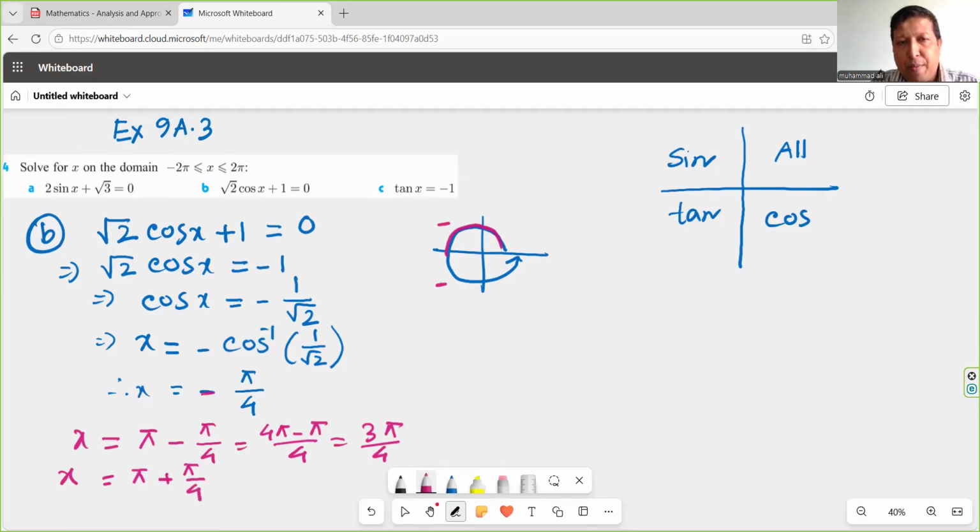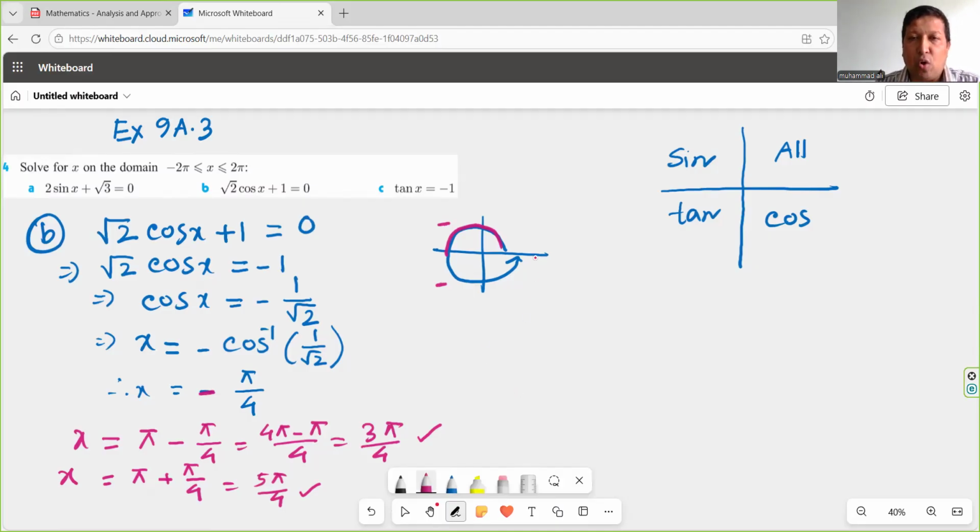So one thing you have to remember, this minus indicates where cos is negative. So this is 5 pi by 4. So these two results we get, 3 pi by 4, 5 pi by 4. We are considering the angle when it is anti-clockwise.